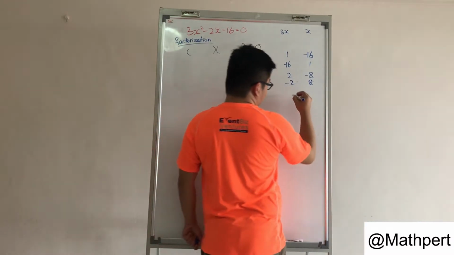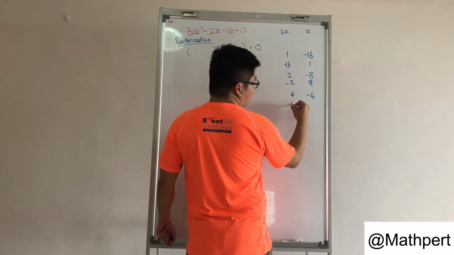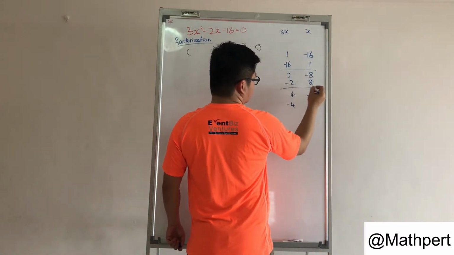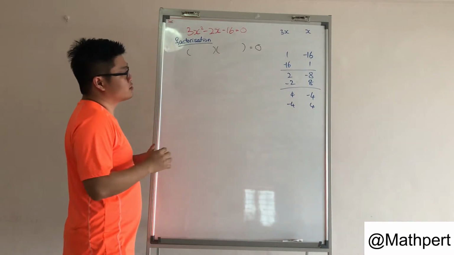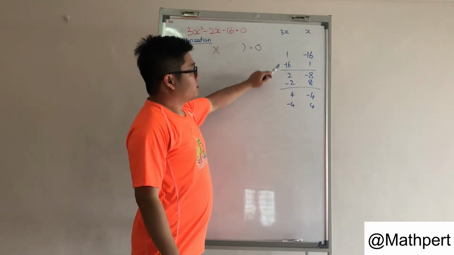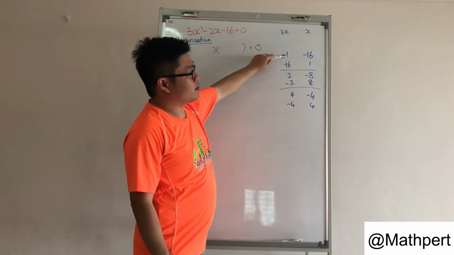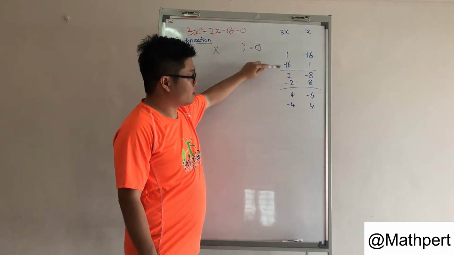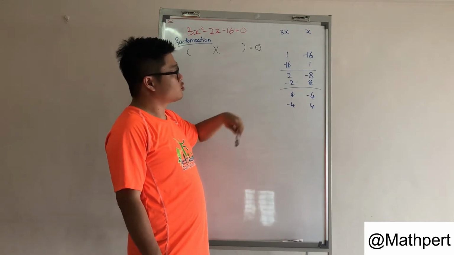The last one is 4 multiply negative 4, or negative 4 multiply 4. Since 1 and negative 16 and negative 16 and 1 are the same thing, I put them together. These two are the same thing as well, and these two as well, so I put them together.